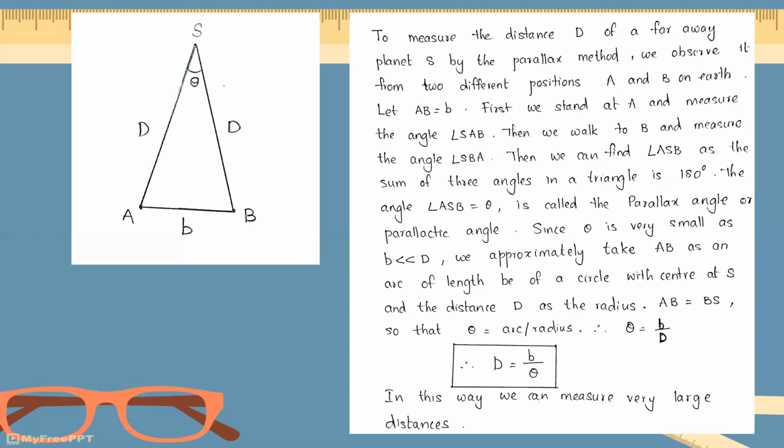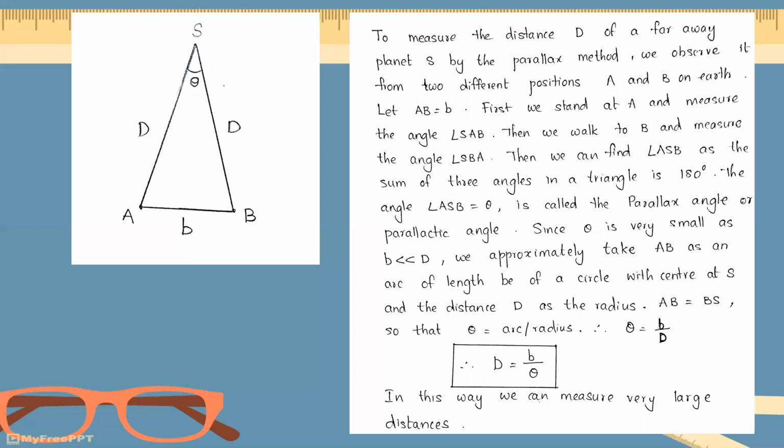Now you can imagine it like a triangle. In a triangle, the sum of the three angles is 180. Therefore, angle SAB plus angle SBA plus angle ASB is equal to 180. Now you have measured angle SAB and angle SBA, therefore it is very easy to find angle ASB.